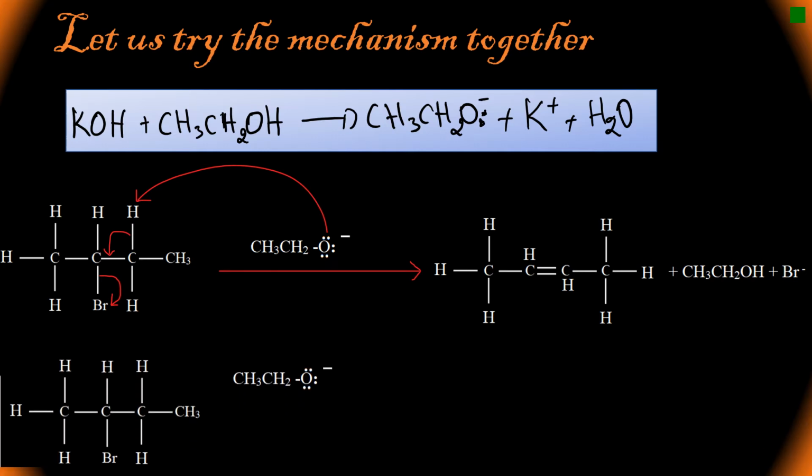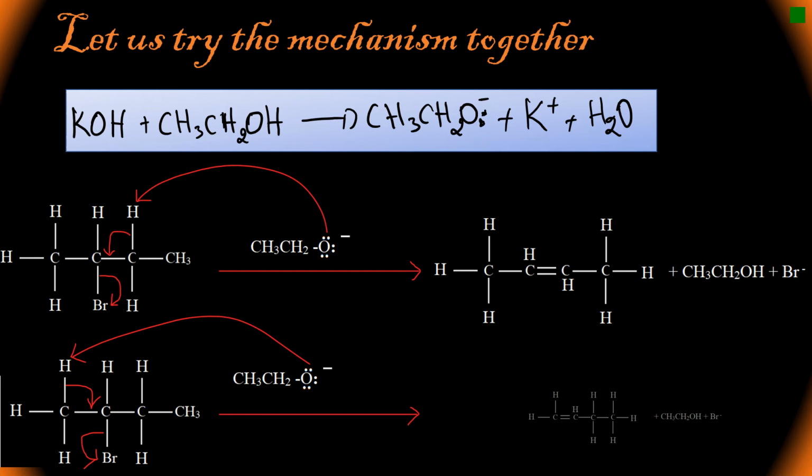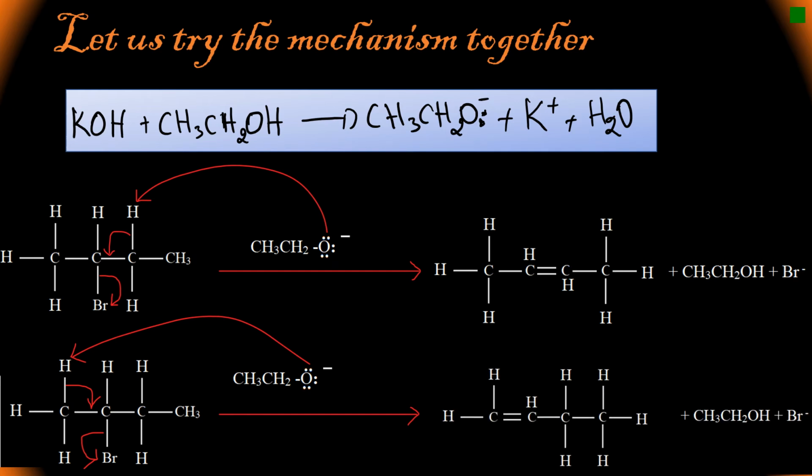Second option, the base can subtract another hydrogen from another beta carbon, and this one will produce another alkene, which is different from the first one. It means that there are two alkenes possible, and we'll have a mixture of them in the products of this reaction.